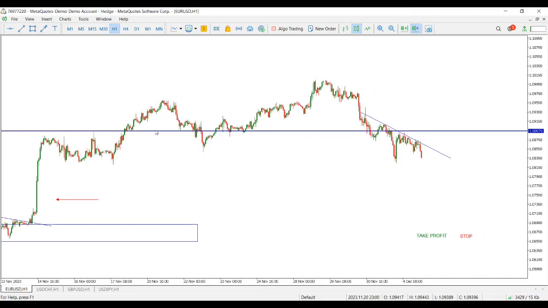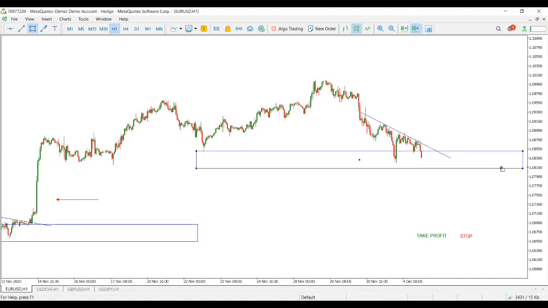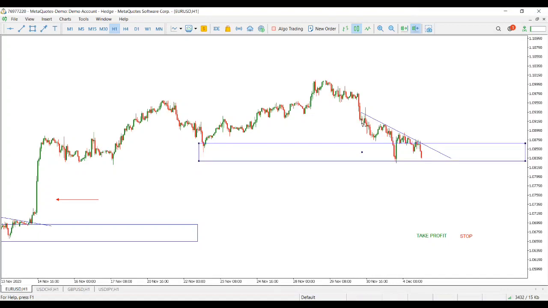But if you want to actually consider this, this is what you should do. Let me give you an instance. Let's say I draw a resistance, a support level here. Now, if the market breaks this level, then gives me a retracement, if there's a candle forming here, it is safer.